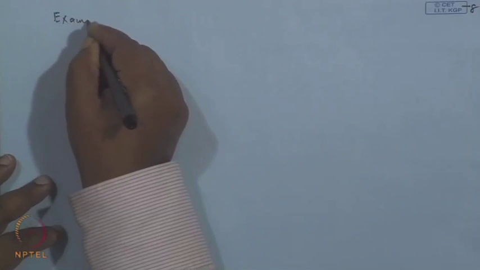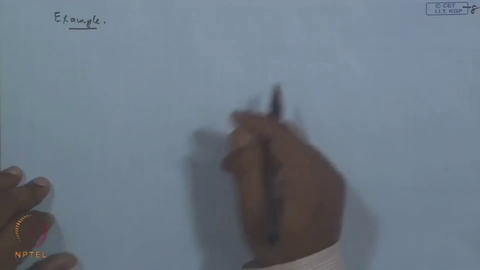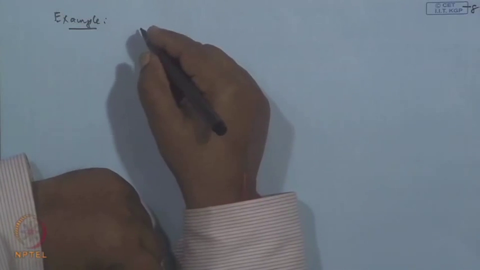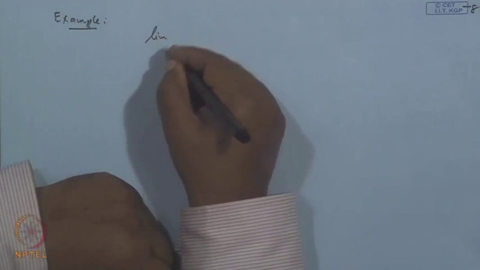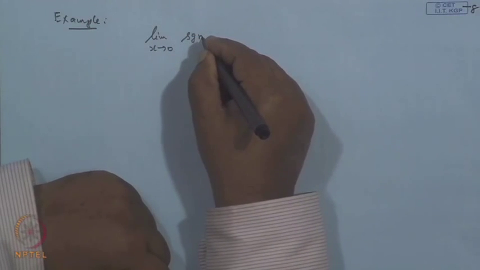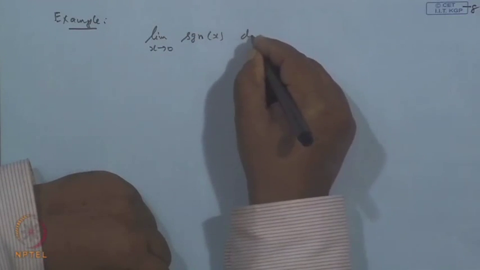So, first is the limit of this, obviously, as x tends to 0, signum of x does not exist.